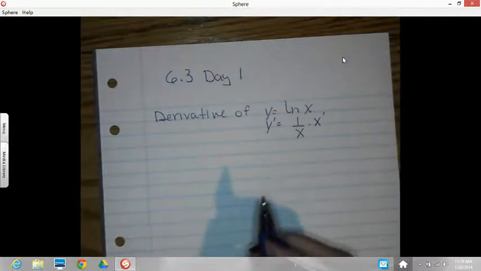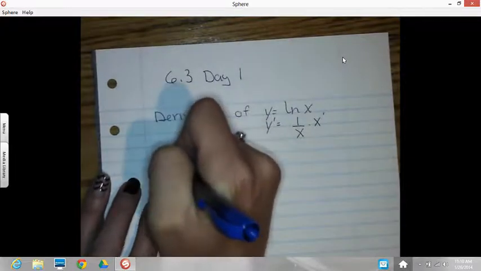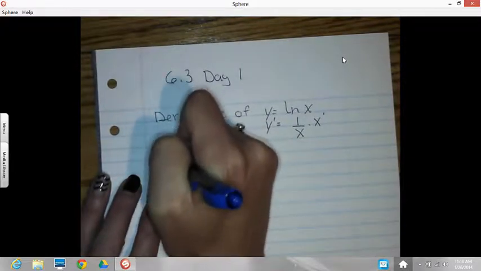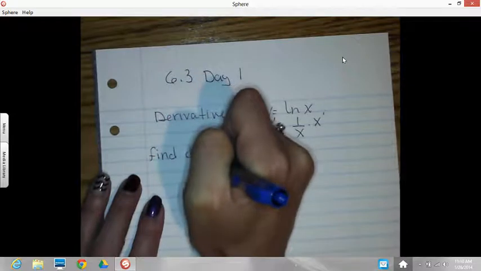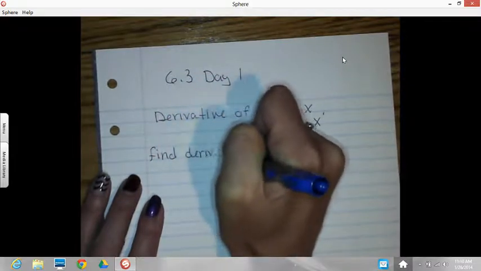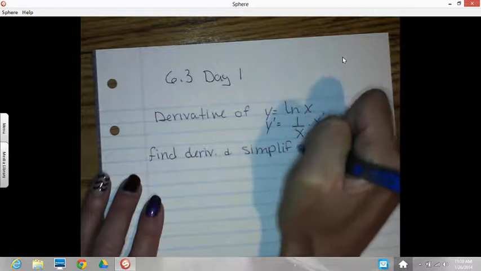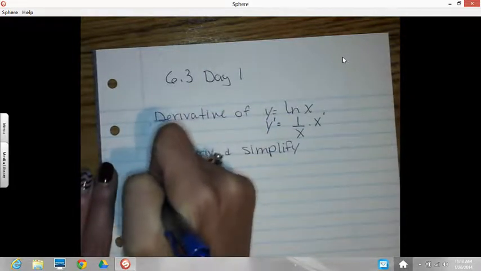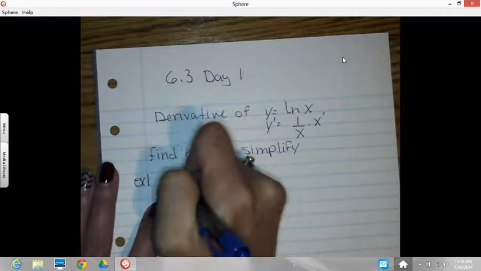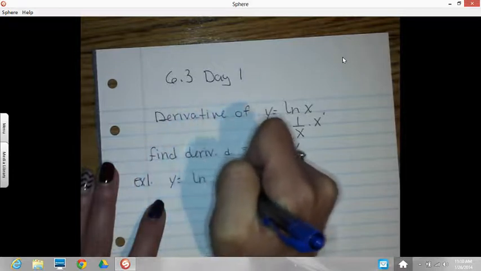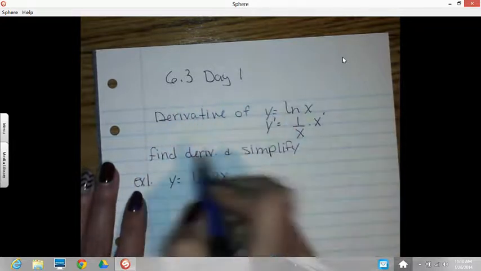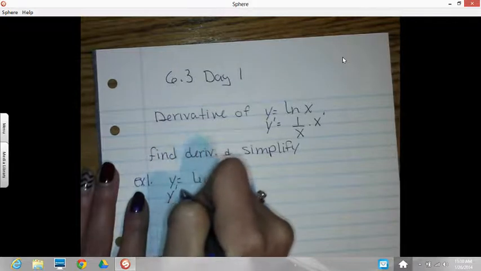Okay, here we go. Start easy. Find derivative and simplify. Okay, first one. Y equals natural log of 2x. So we're doing derivative, so y prime.